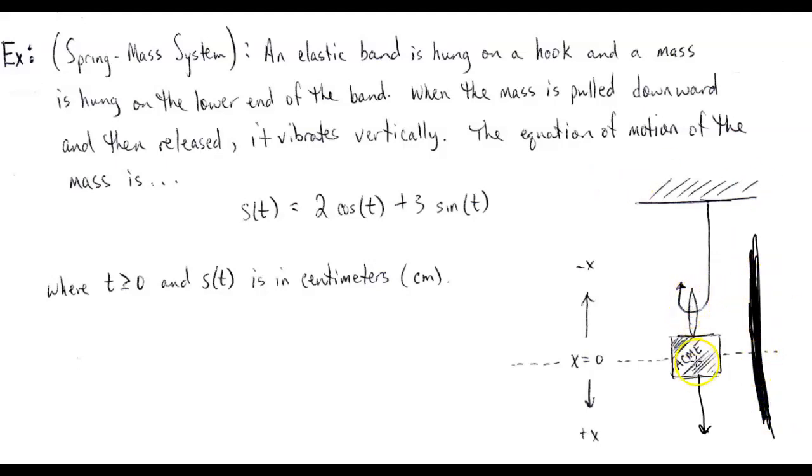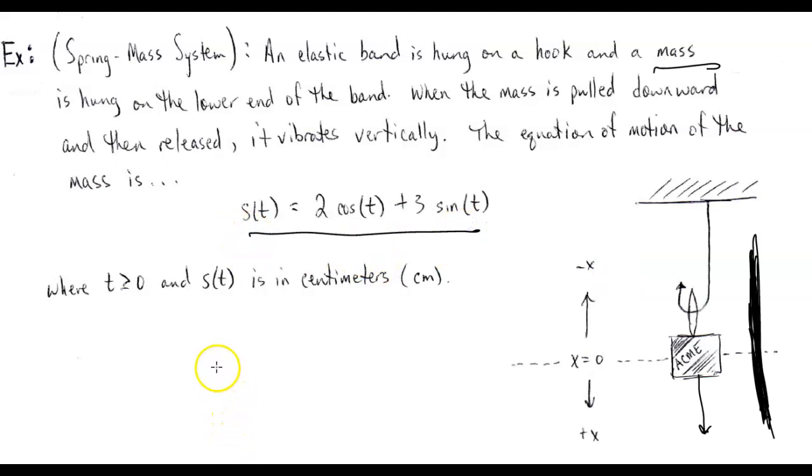And we're tracking the position of this particular mass or weight. We're just going to call it a mass here, since that's what's in the problem. For this particular mass, we're tracking its position based upon time by this particular function here.